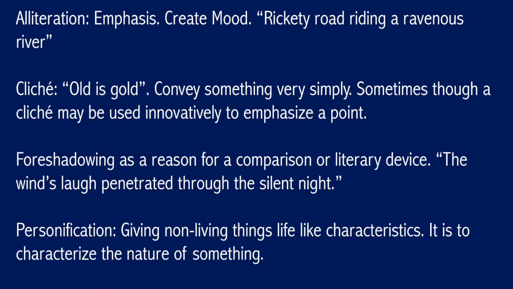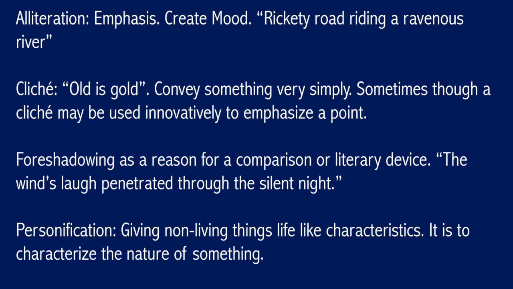Sometimes you might see that foreshadowing is a reason for using a literary device. So I might say the wind's laugh penetrated through the silent night, and the story might describe a serial killer and end with a murder. So the wind's laugh could be foreshadowing that murder. So the purpose of it would be to foreshadow the dark events to follow.